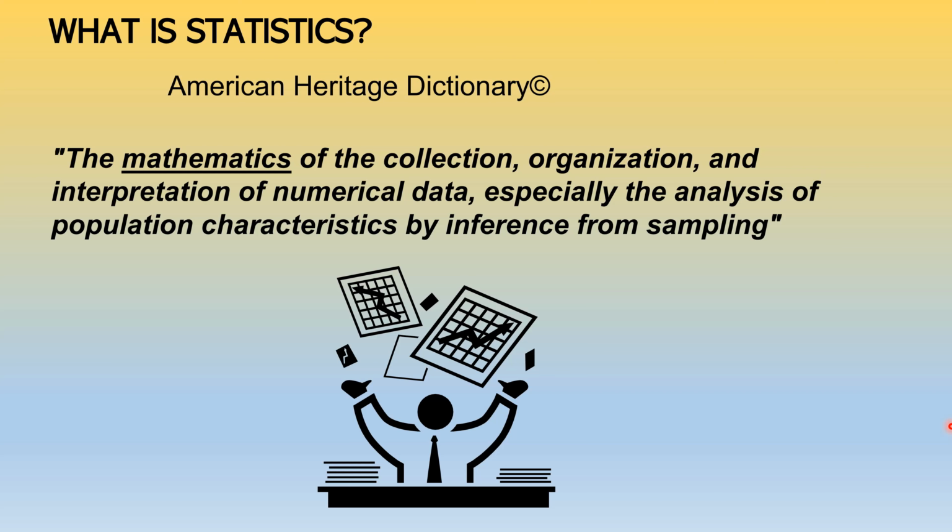And you can see that there are common terms used in this definition and the previous definition. But the key term here is mathematics. And anytime you use the term mathematics in any definition, obviously people will get a bit turned off, especially students and people who have math anxiety.